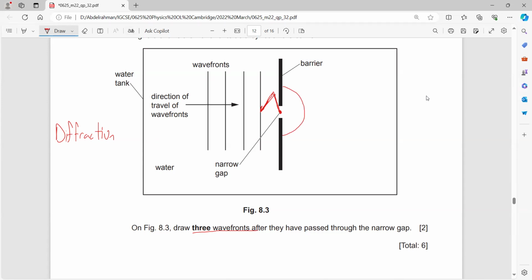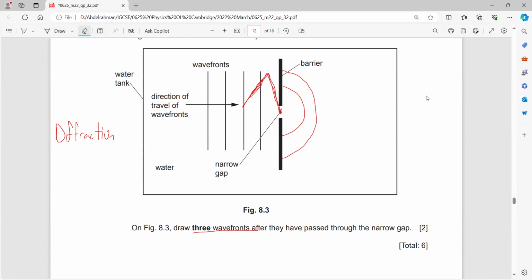And then again, using your same compass, while it's still centered here in the narrow gap, open it up to the second wavefront. And then again, I will rotate the compass and draw a semicircle on the opposite side. This way, okay?